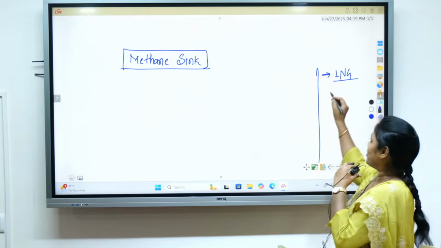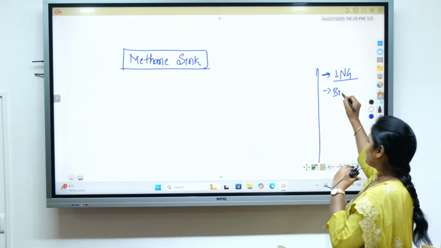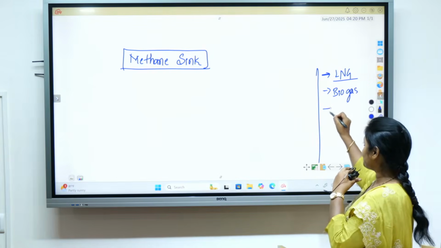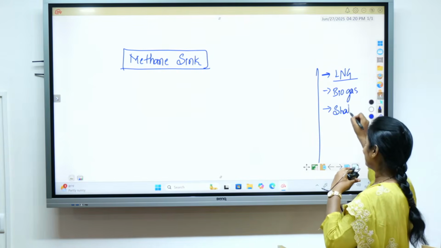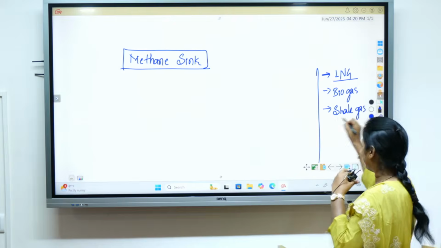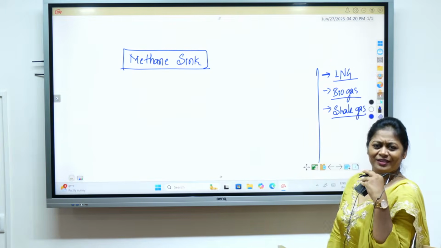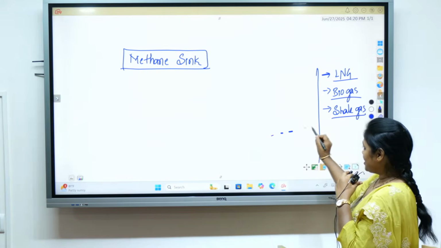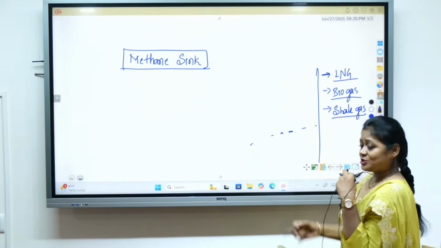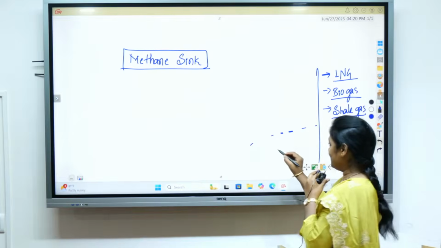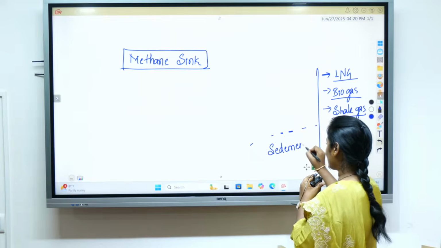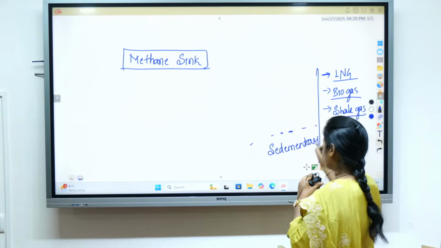What about biogas? Biogas is methane. What about shale gas? Again it is methane. You don't know shale gas? Shale gas is a type of gas trapped in sedimentary rocks.